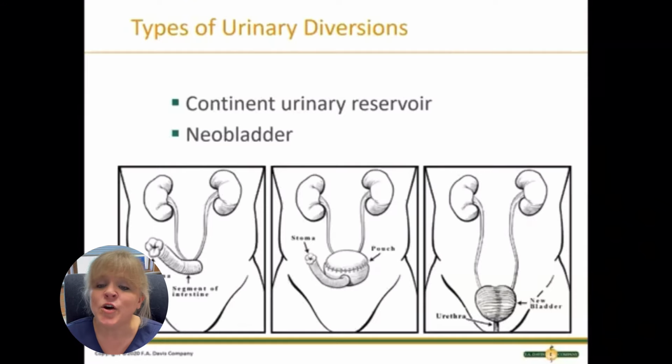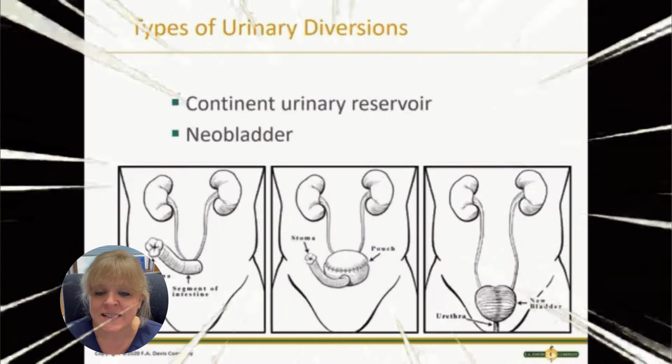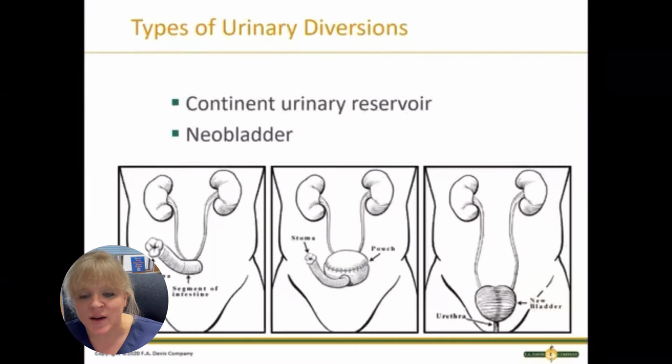And then there's a neobladder. Neobladder just means new bladder, and that mimics the function of a urinary bladder. So a portion of the intestine is made into a pouch, and this reservoir is connected to the urethra. And so just like normal passage of urine, urine passes through the urethra, and the patient voids by bearing down or applying manual pressure over their new bladder using that Credé's maneuver to empty the bladder.